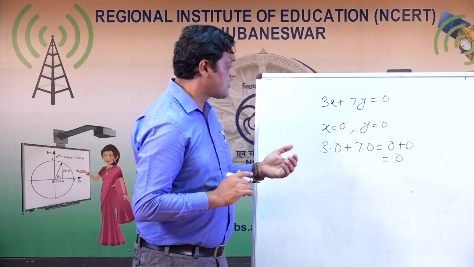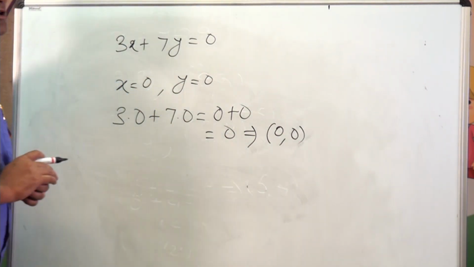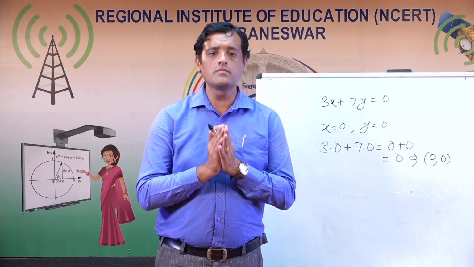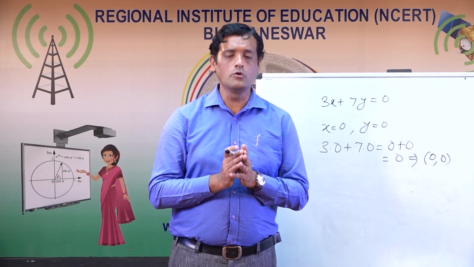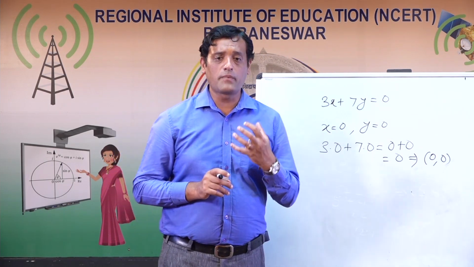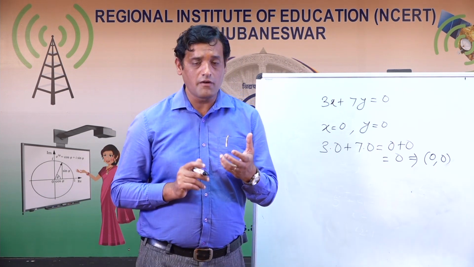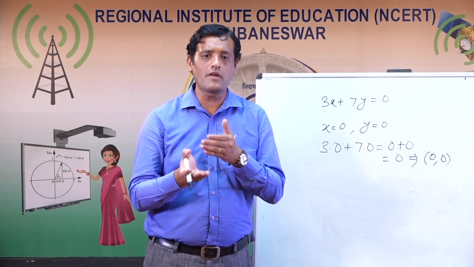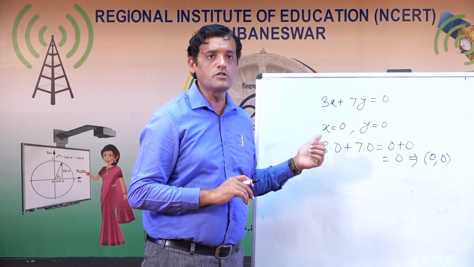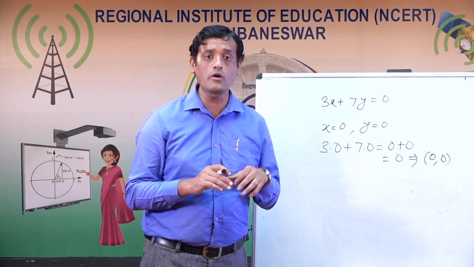It means that (0, 0) is one of the solutions of the problem 3x plus 7y equal to 0. Now let us find another solution. But here our previous technique may not work, in which we simply changed the position of x and y, because here x is 0, y is 0. If we change the position, nothing will happen. It will look the same, so this will not be a different solution.